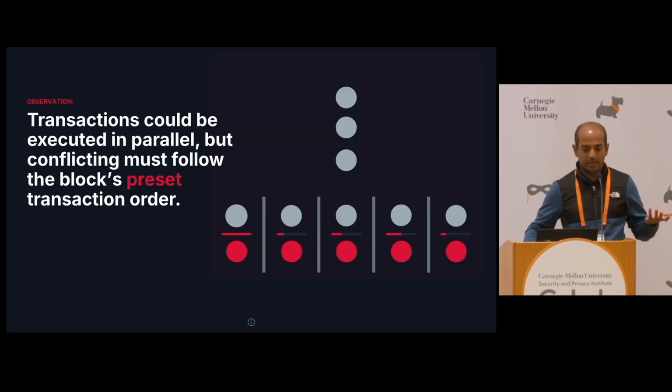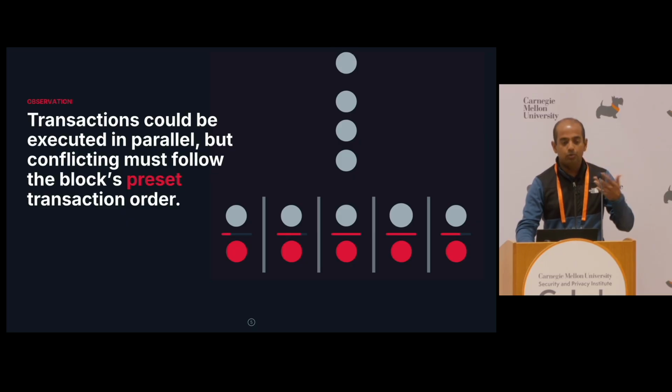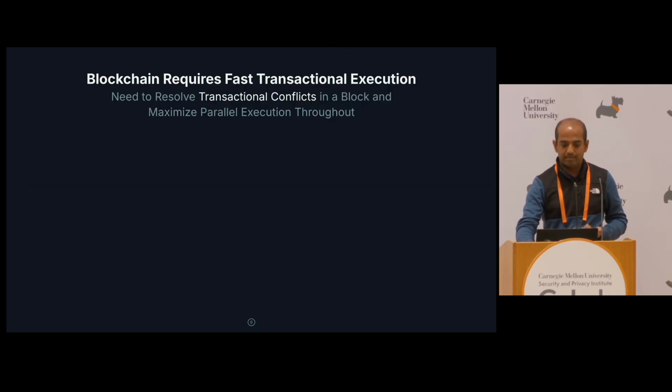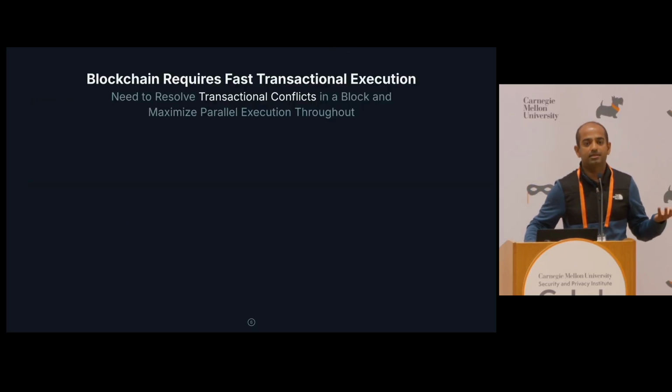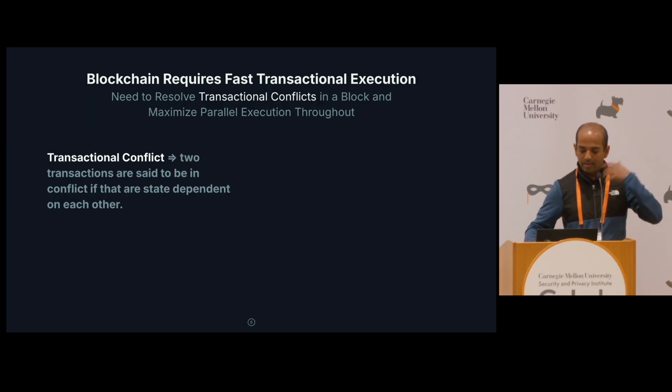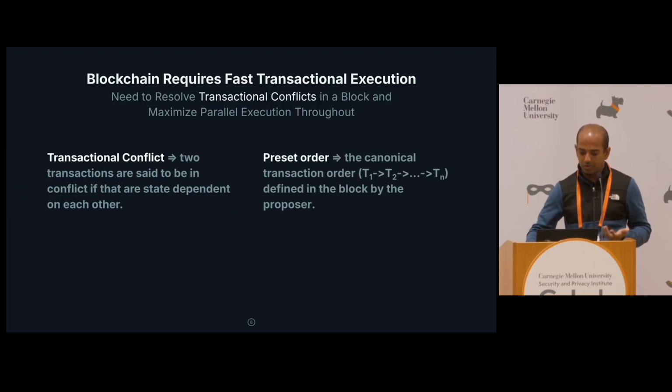But that doesn't quite work because now you might end up having conflicts. At the end of the day, this is a distributed system, and a distributed system means that there are causal relationships that you have to respect in terms of transaction dependency. So our goal is to resolve these transaction conflicts in a block and maximize the execution throughput.